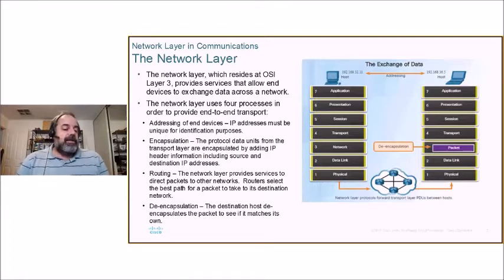Third, there's routing itself, where the routers look at the destination address of the packet and direct that packet towards its destination. And of course, decapsulation is what happens at the other end, when the receiving machine receives a packet, decapsulates it and interprets it.